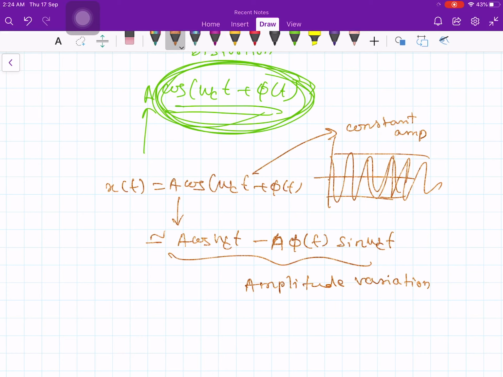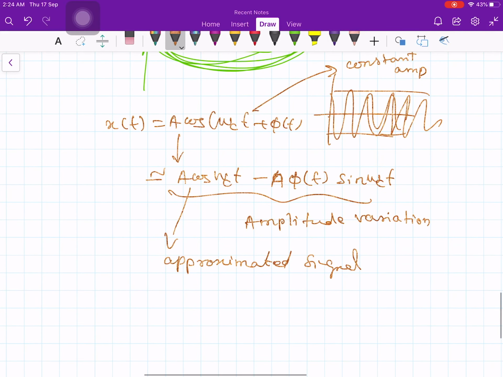So the approximated signal will have some amplitude variations. These are the pros and cons of using the indirect method.